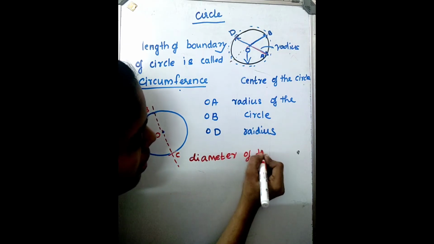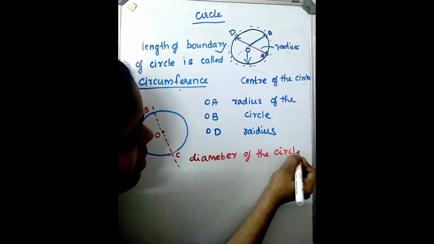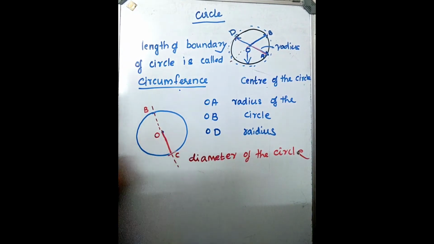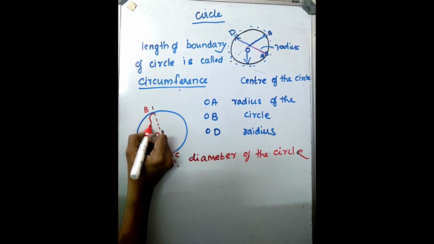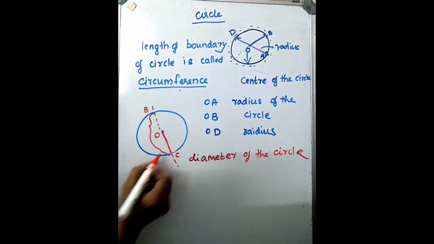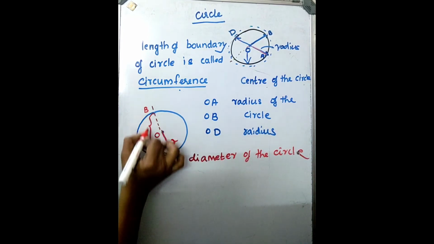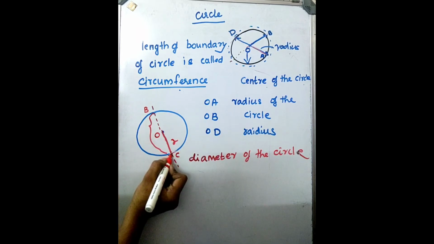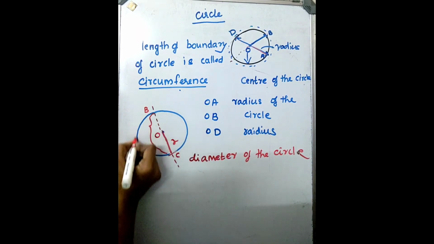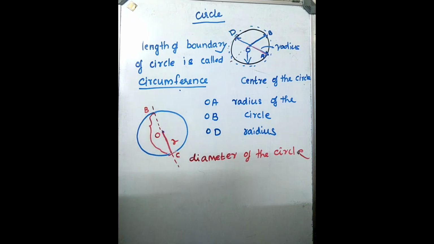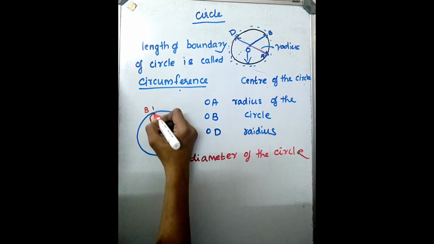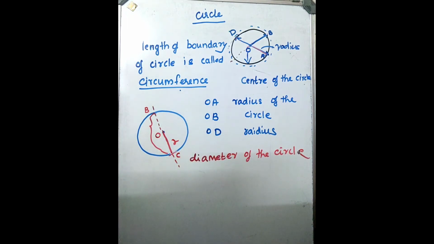So this is the radius and this length is the diameter. Any line drawn from the center to the edge is a radius. The length of the boundary is the circumference. A line passing through the center touching the two edges is the diameter.